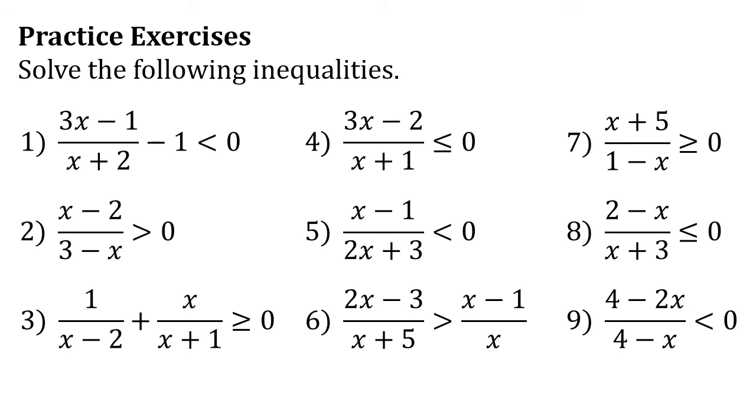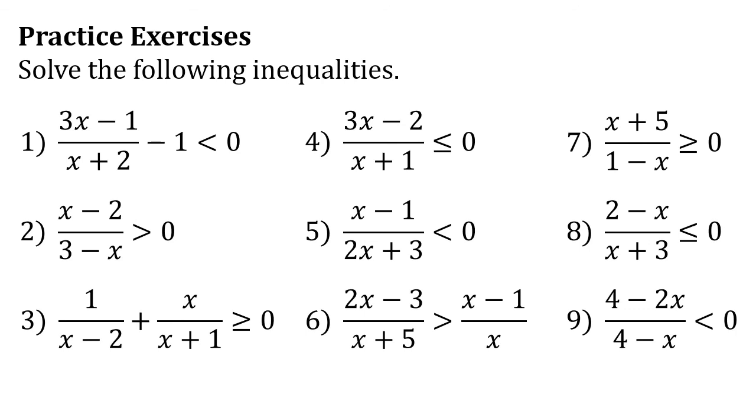And then for number 6, 2x minus 3 all over x plus 5 greater than x minus 1 all over x. So here you're going to transpose x minus 1 over x to the left side of the equation and then combine so that you arrive at a single rational expression greater than 0.